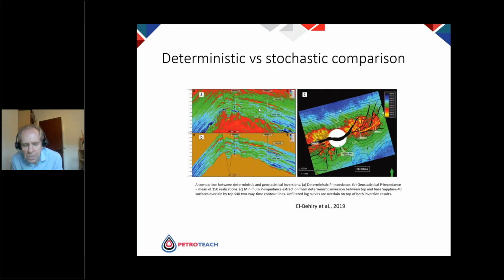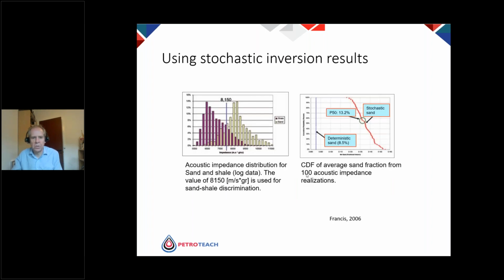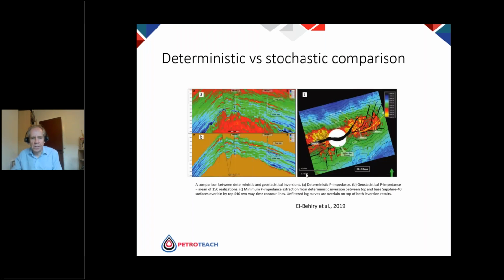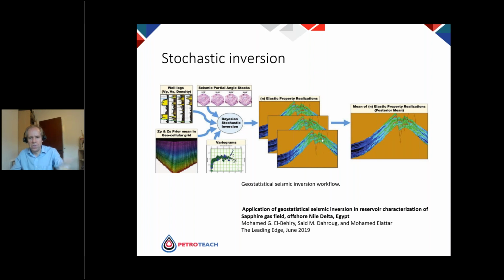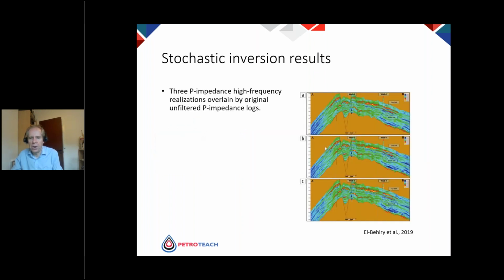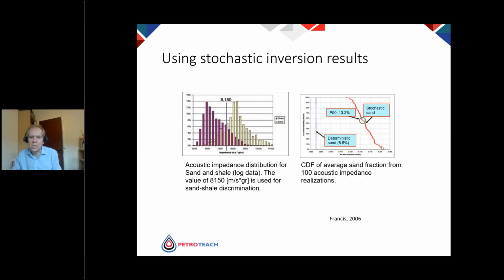It's one number, and I'd like to know what the uncertainty is. So I can apply the stochastic inversion here, and my uncertainty is going to come from my well logs. I'm going to add a whole bunch of variations that are all consistent with the seismic, and then compare the total. In this case, it's the total sand percentage, net to gross.